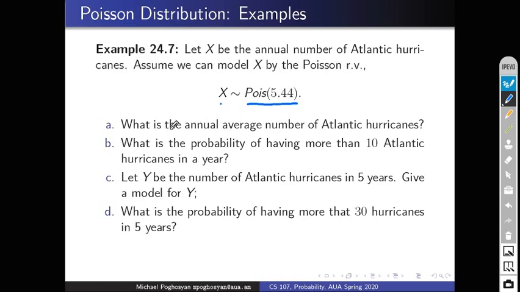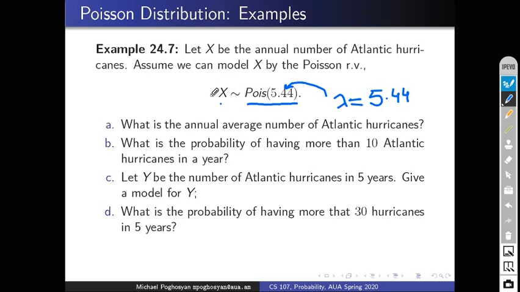The first part: what is the annual average number of Atlantic hurricanes? Well, the average number is lambda, which in this case is 5.44.